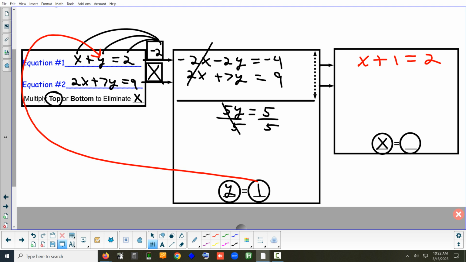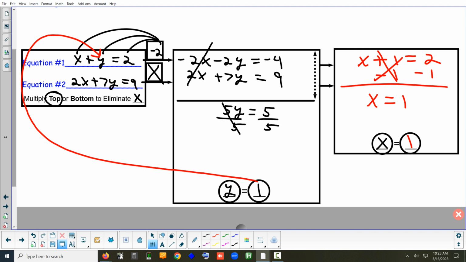And last step to get x by itself. Perfect. Subtract 1 from both sides. So we end up with x equals 1. Yeah, just a coincidence that x and y came out the same, and usually they don't. But they can. That's okay.